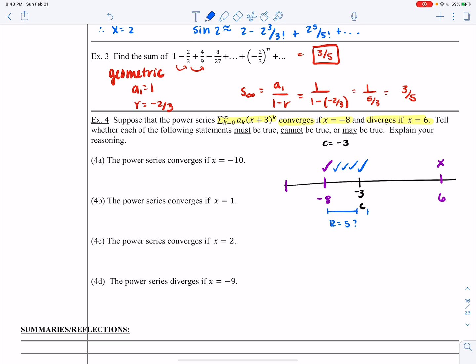If I go 5 in this direction, that's going to put me at 2. Now, you don't know anything about 2 because remember, endpoints can do different things. But I do know that if it at least converges at negative 8, then it must converge at least all this stuff in between. And what you don't know is if the radius could be larger because you don't know what's happening at 2. You just know it doesn't converge at 6 and it converges at negative 8.